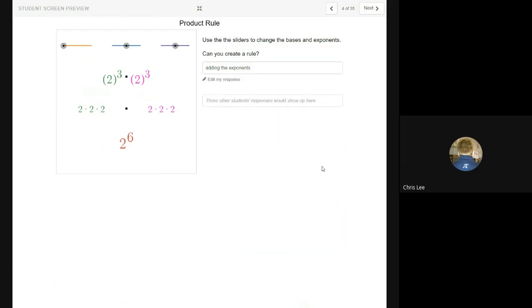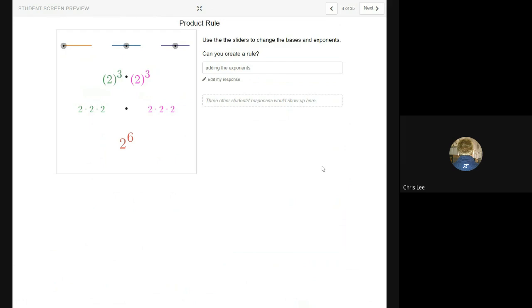Let's talk about what you're seeing up here a bit more. So what we're trying to do is multiply exponents here, multiply powers. So we've got 2 to the power of 3, and we're multiplying.